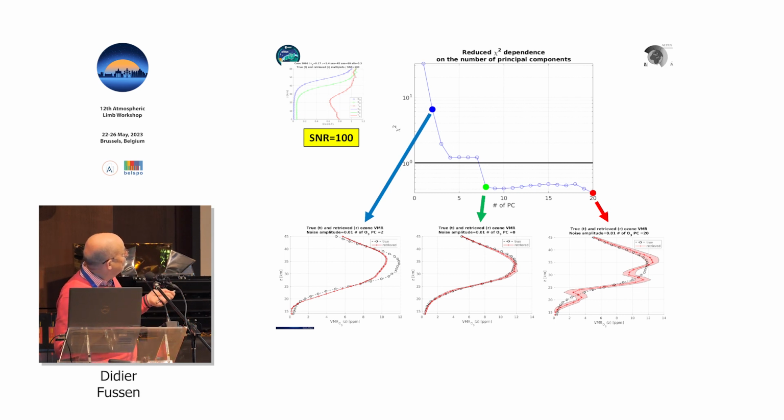So we have an algorithm that looks at the chi-square distribution of the merit function, and you see that when you increase the number of principal components, you decrease your chi-square until you reach the standard value of 1, which should be optimal, because you switch from underdetermination to a regime of roughly noise amplification, and this is the optimal value that is chosen.